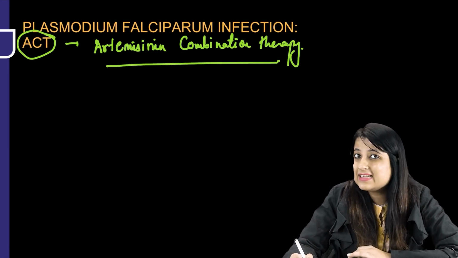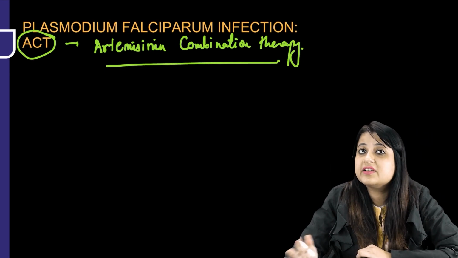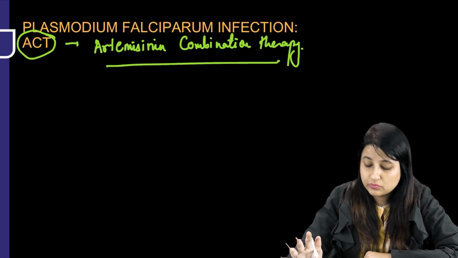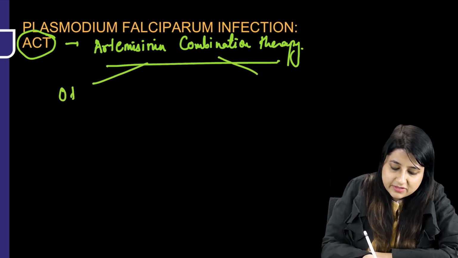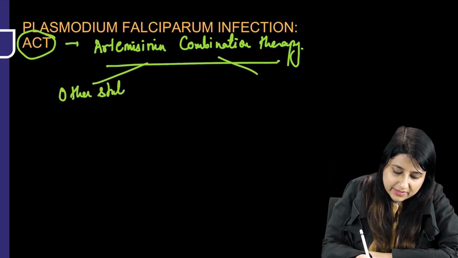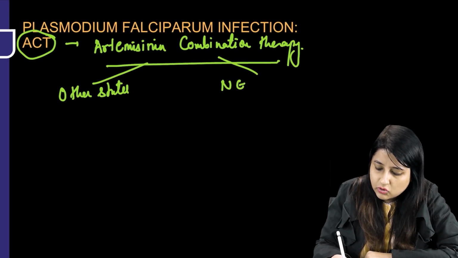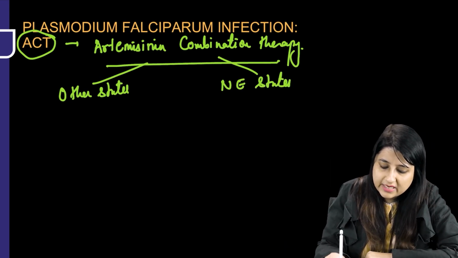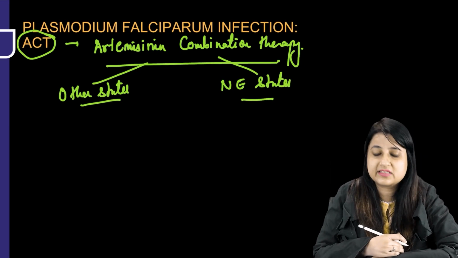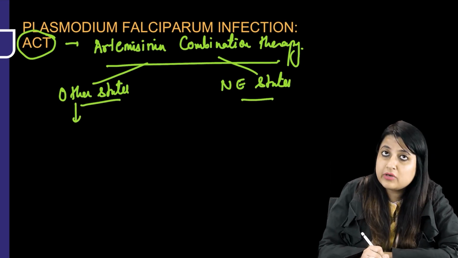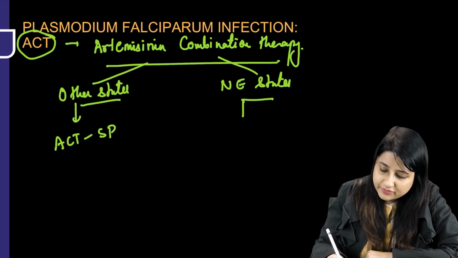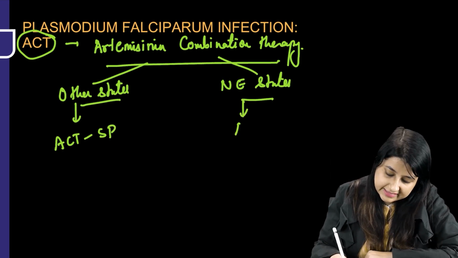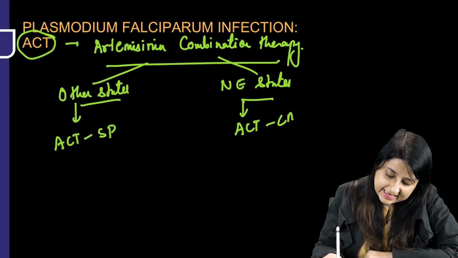Now this ACT treatment has been divided into two categories. This could be either for other states, remember it, or it is for northeastern states. If you talk about other states, it is ACT-SP. And if you talk about northeastern states, it is ACT-LM.